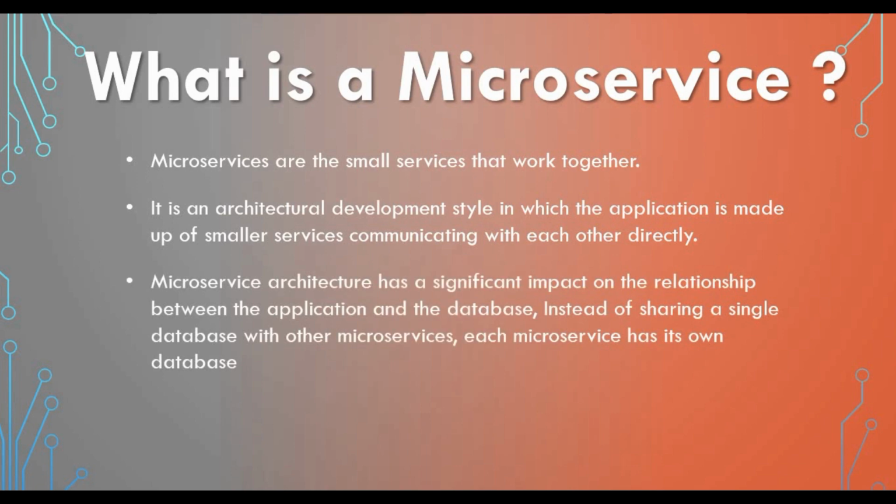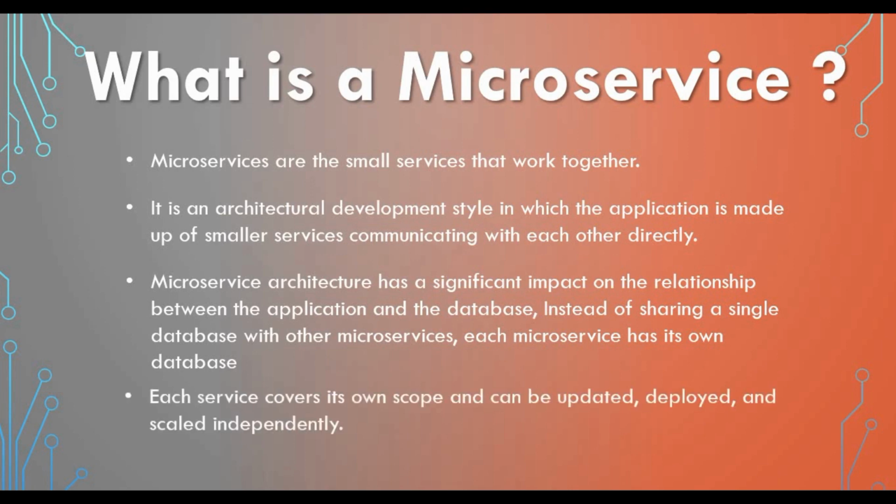And microservice architecture has a significant impact on the relationship between the application and database, because previously in monolith what we have seen is you'll have a single database with all the content. In microservices you usually will have a separate database for each microservice. So each microservice has its own database and they can interact with that, and each service covers its own scope.